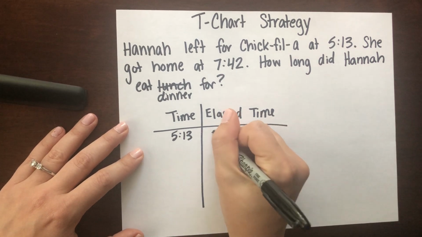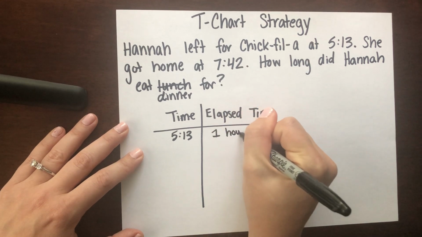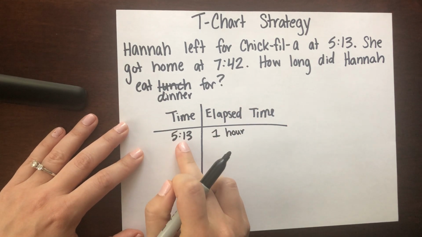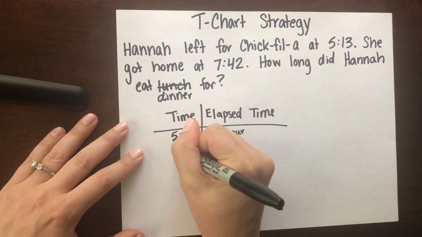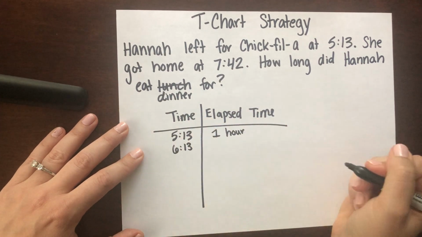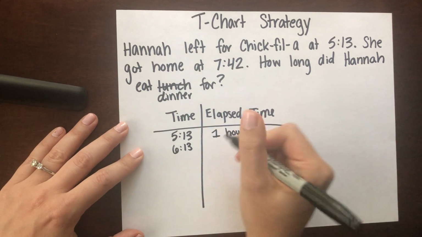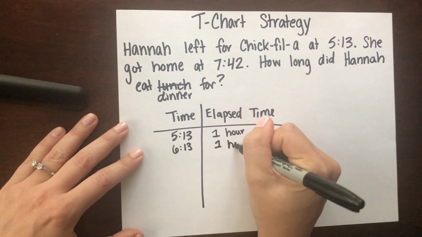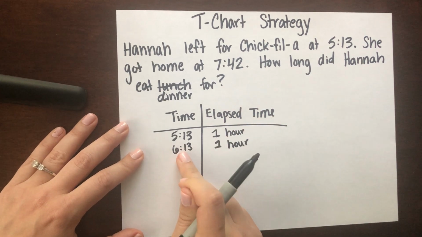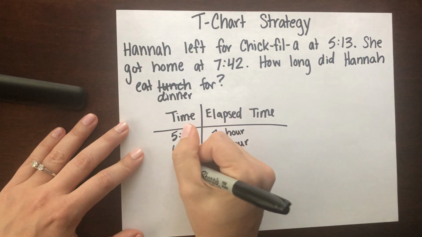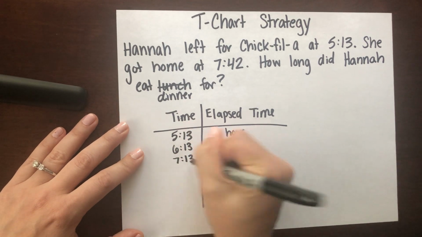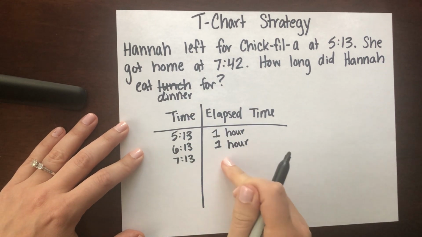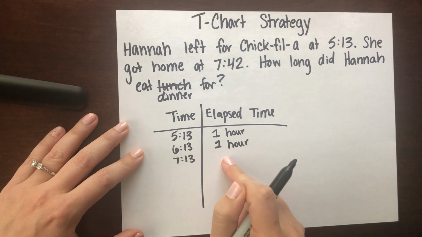So if I have 1 hour past 5:13, my new time would be 6:13. If I have another hour past 6:13, that would give me 7:13. Now, can I write another hour here?